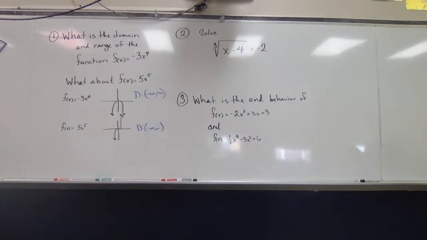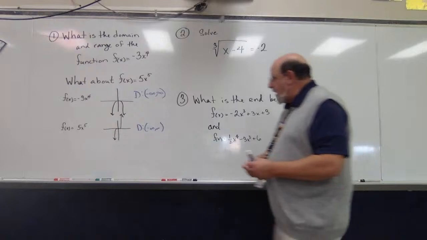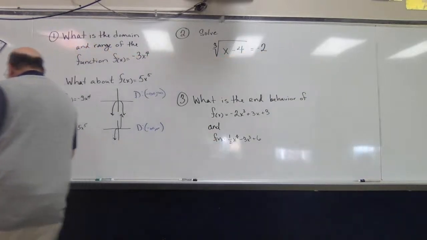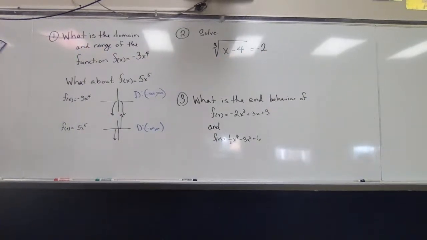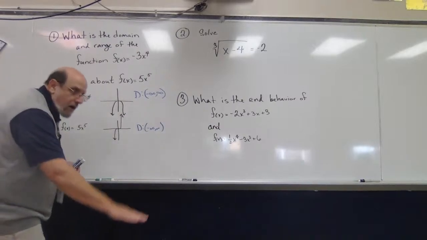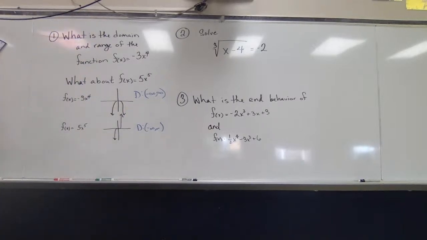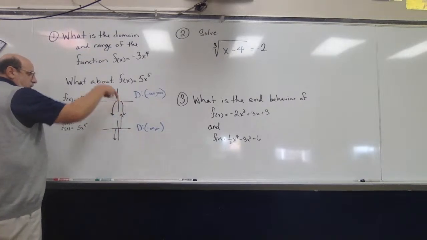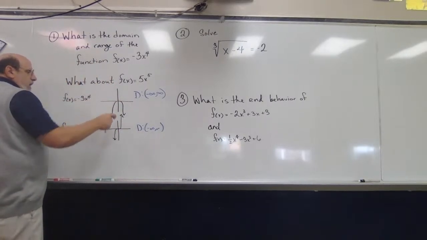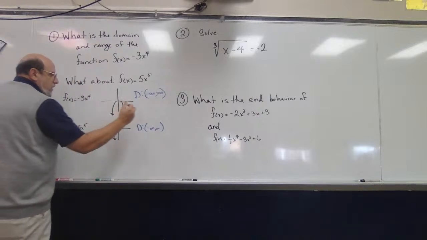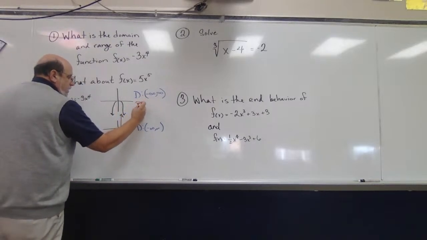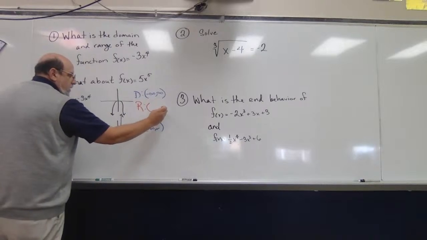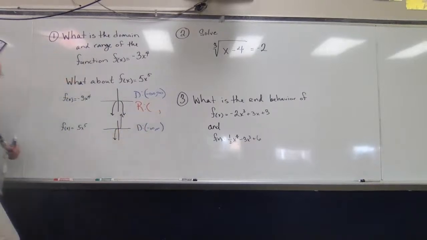Cool? So let's go red for range. Now, when we talk about range, we talk about it from the bottom up. So this one, both arrows are pointing down, right? So it starts where?